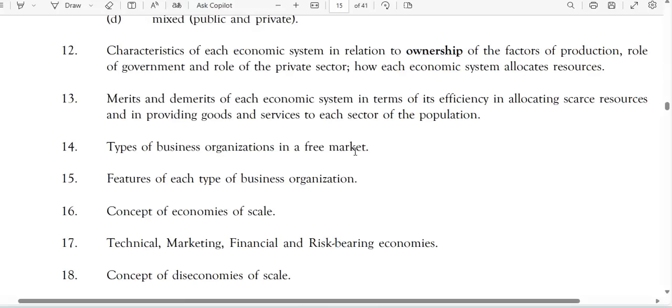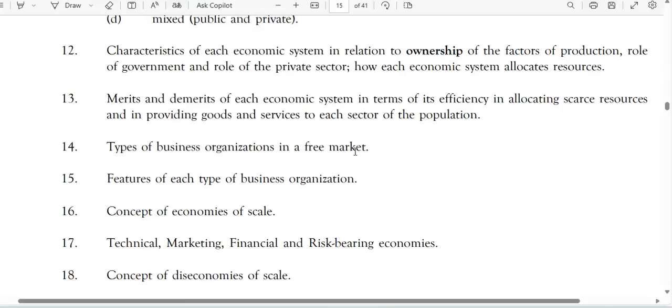Another type of business organization in a free market economy system is partnership. Now, a business owned by two or more people who share profits, losses, and responsibilities. Characteristics of partnership would include shared decision making, partners contribute capital and skills, unlimited liability.